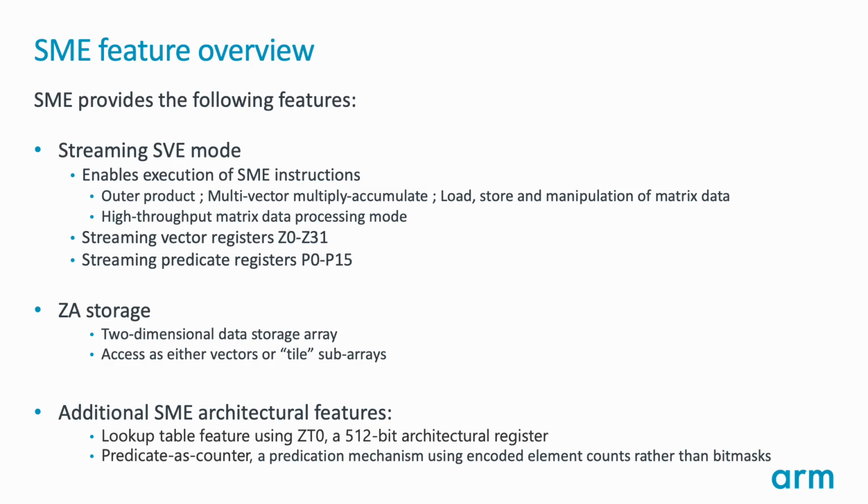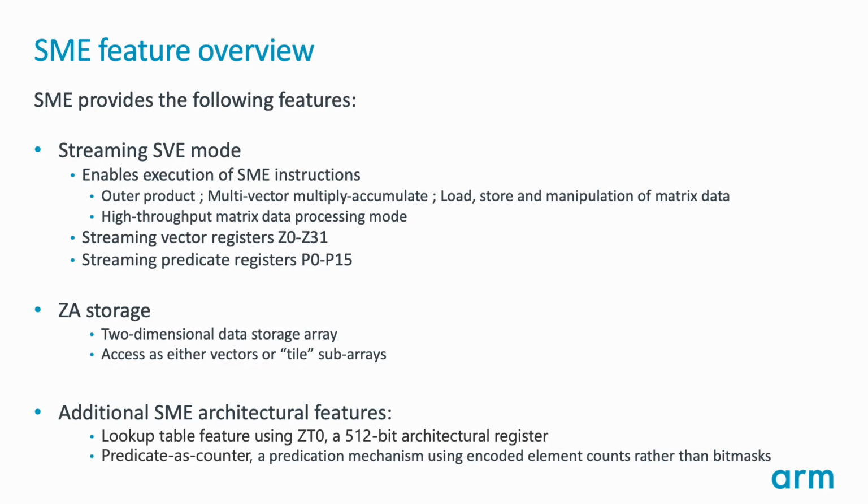On entering streaming SVE mode, in addition to executing the SME instructions, we will be able to access the streaming vector registers. There are 32 registers available, Z0 to Z31. And there are predicate registers, P0 to P15. There are 16 predicate registers that are enabled when you enter streaming SVE mode.